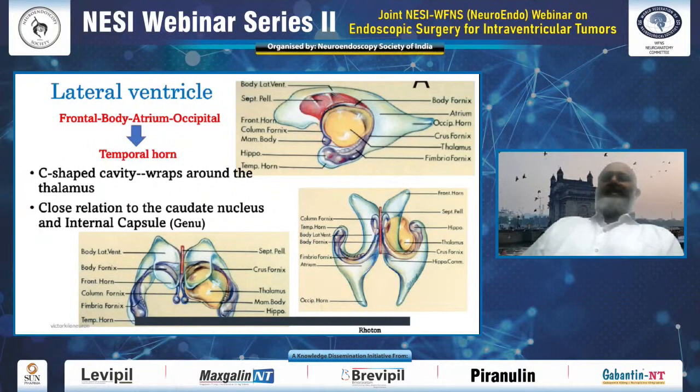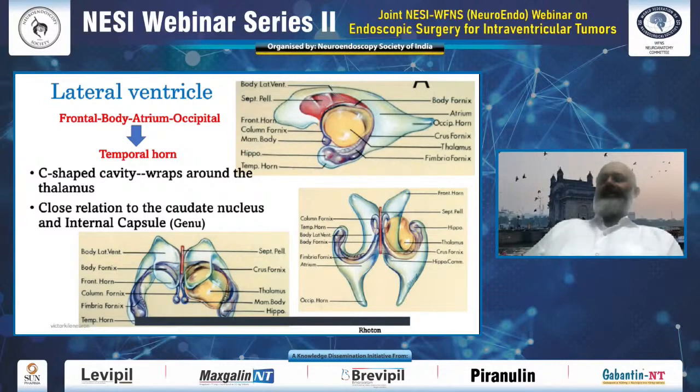As far as the lateral ventricle goes, Professor Rhoton has very eloquently reminded us that it's a C-shaped cavity, and its epicenter is the thalamus around which the cavity is wrapped. There's also a close relationship with the caudate nucleus and the internal capsule.